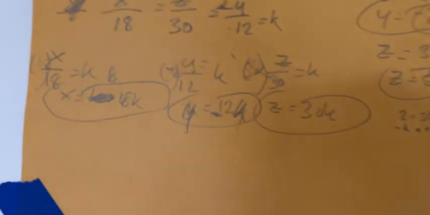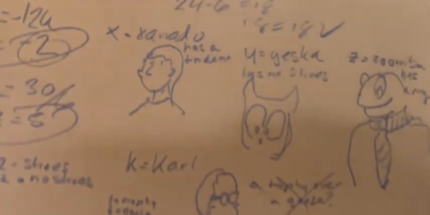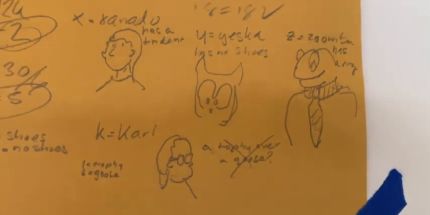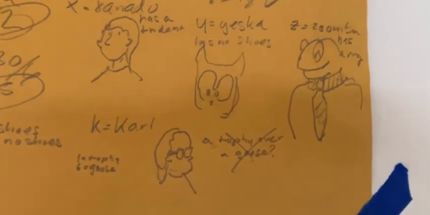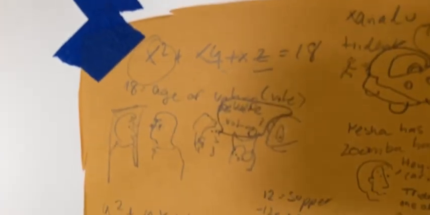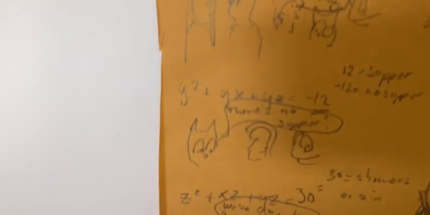Took all this time drawing all this stuff, only to surprise you with telling what X, Y, and Z actually mean, and K, and what do you call it, getting numbers here, and making a story, which you probably forgot the whole story, you know, and then Karl is stuck in the shop, but Zoomba solved the problem. So at least 3 out of 4, it's okay.